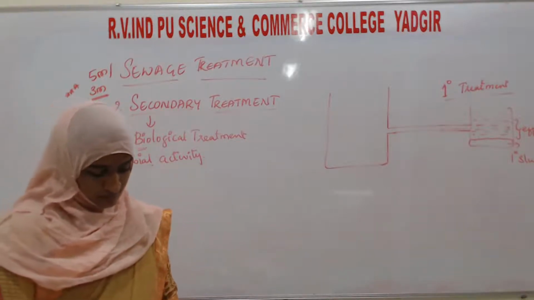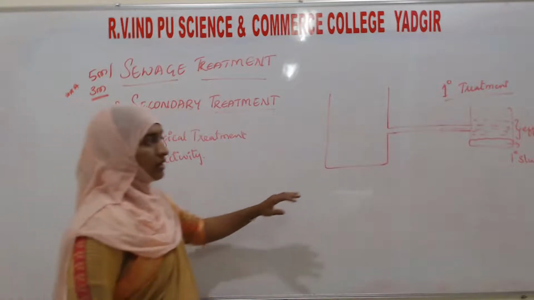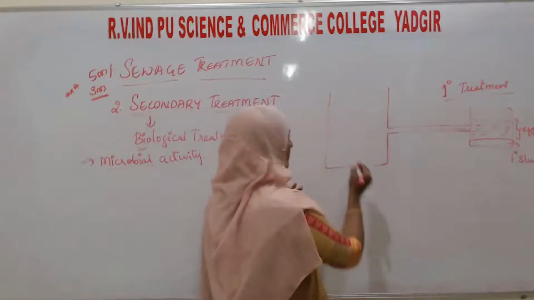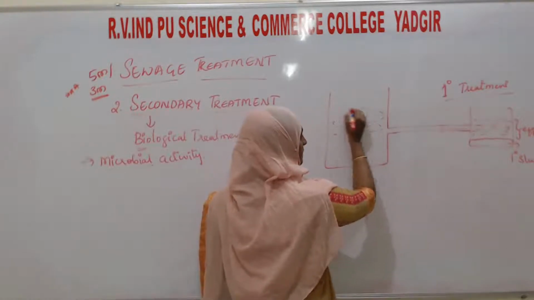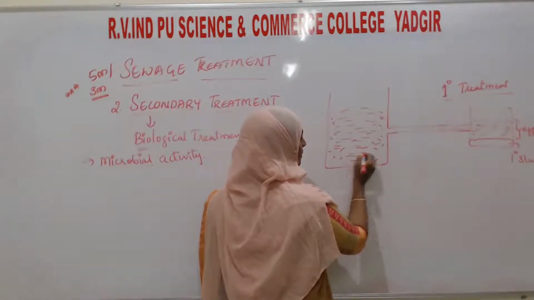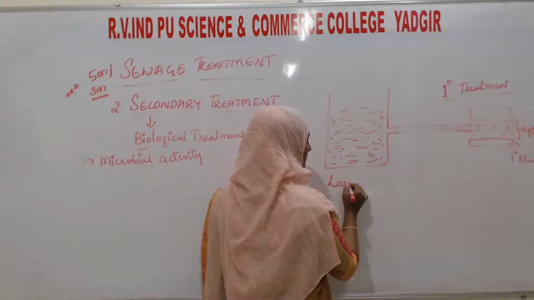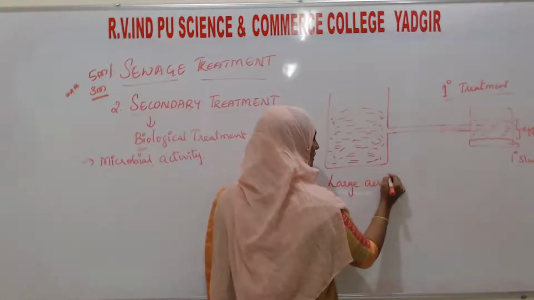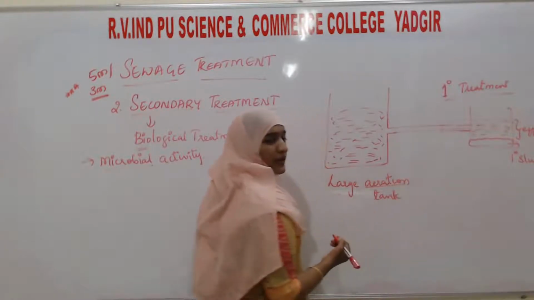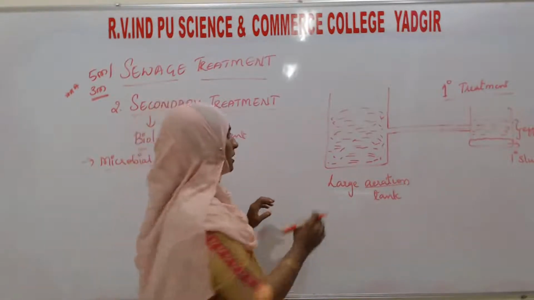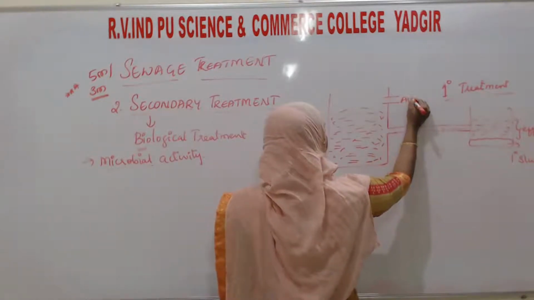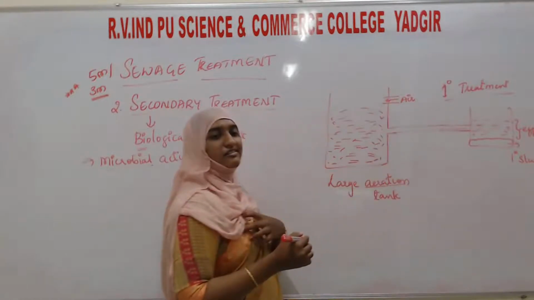So what happens here is, after primary treatment, the effluent is sent to the secondary treatment, and this tank we call the large aeration tank. Aeration means where oxygen or air is continuously supplied or pumped.